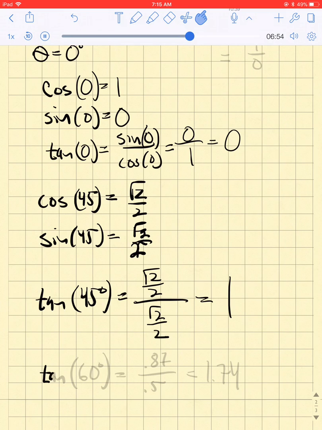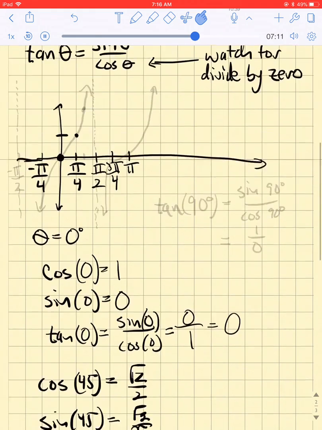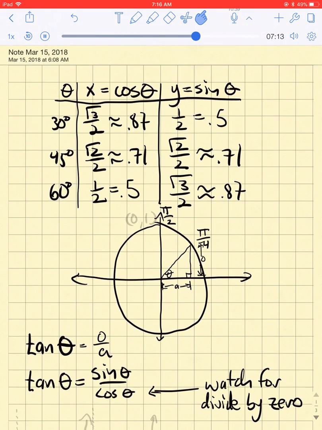So 0.87 in the numerator, 0.5 in the denominator, we've got 1.74. Okay, so for pi over 6, which would be approximately maybe there, it's increasing even more. We would be up here.